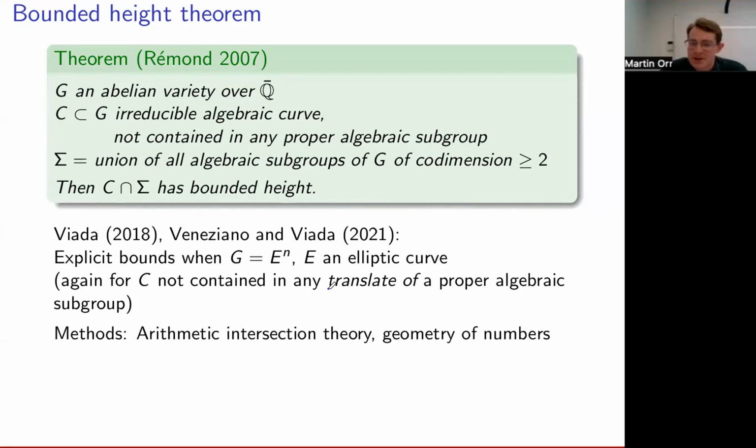Again, this was under the condition of not being contained in a translate of a proper algebraic subgroup, so again avoiding saying something very general about Mordell-Lang. But still, they explicitly describe how the bounds depend on the degree of the curve, the degree of the base number field that everything's defined over, and the height of the curve. And this used arithmetic intersection theory and the geometry of numbers as the methods in its proof.